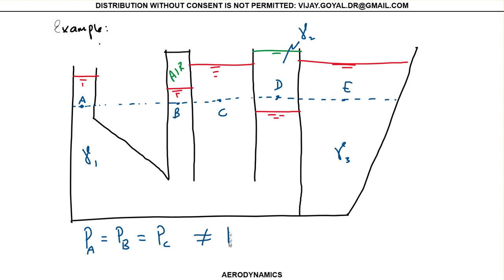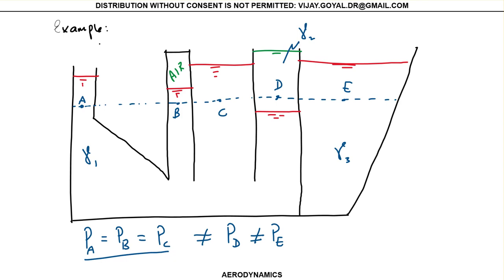So therefore, this is not equal to D. And this is a different compartment. They don't share. If there was a hole here and I could transfer the pressure from one place to another, that would be a different story. However, I can say that none of these are the same, except these two.